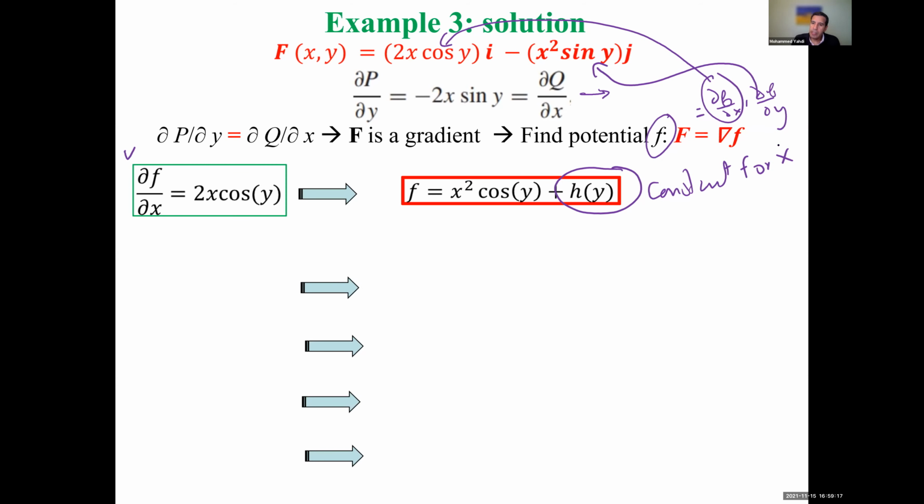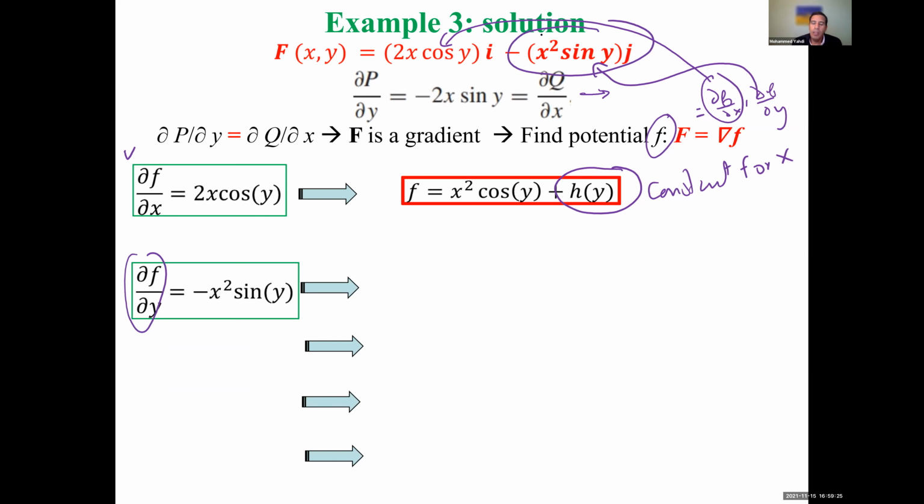Next, we're going to take the second equation that involves the partial derivative of phi equal to the second portion here. But this time we do not take the integral, right? What we need to do is use the fact that we already know f. We're going to take the partial derivative of that f with respect to y.